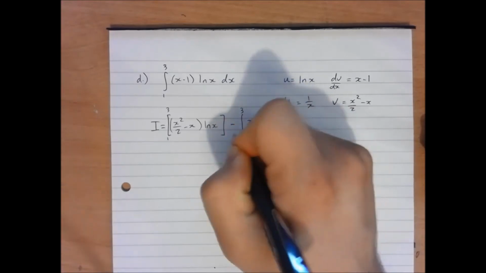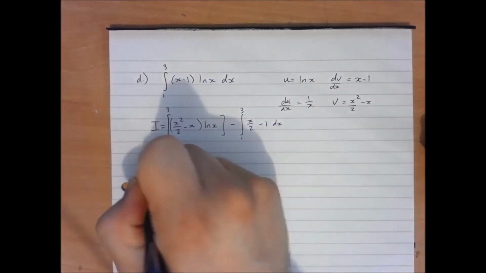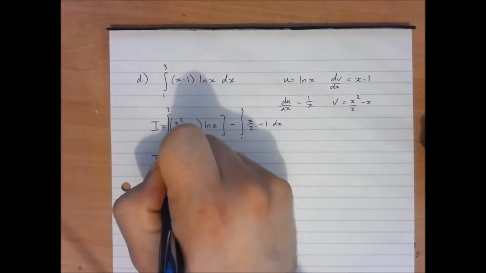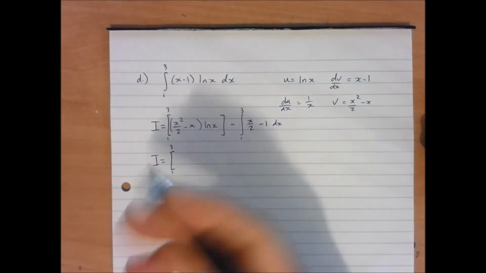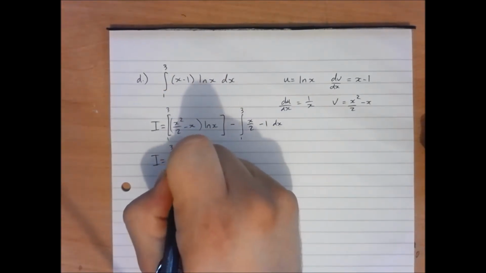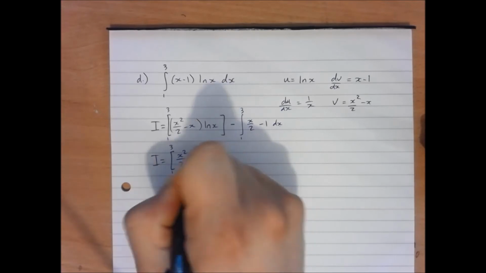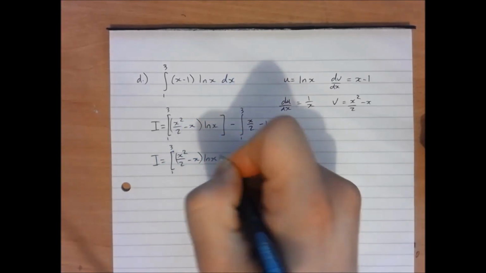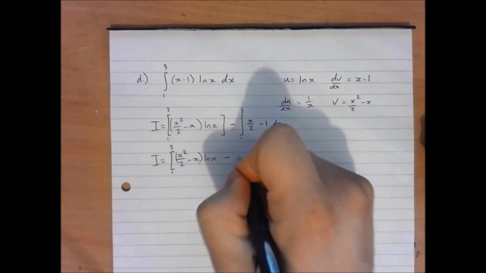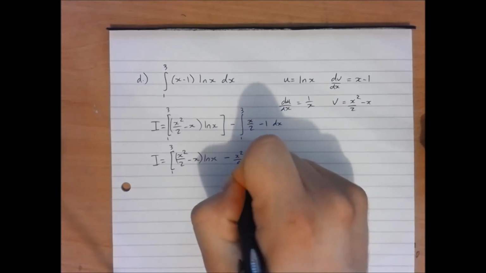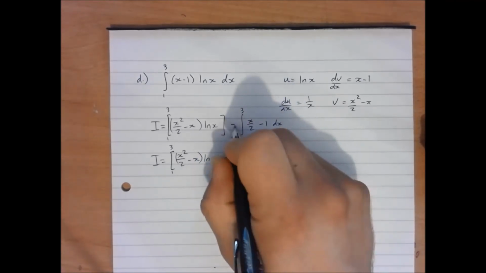And this is something that I'm able to integrate without any problem. So my final answer, before I do my substitutions, is x squared over 2 minus x lots of log x minus x squared over 4 plus x, because the minus and the minus.